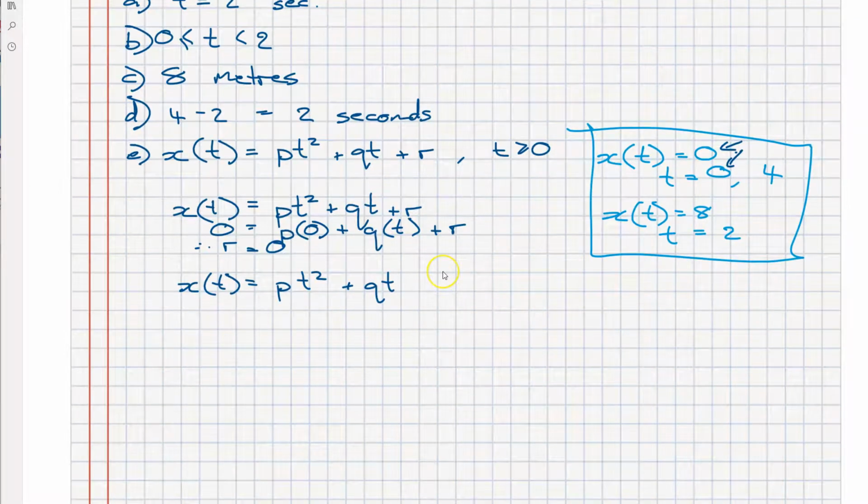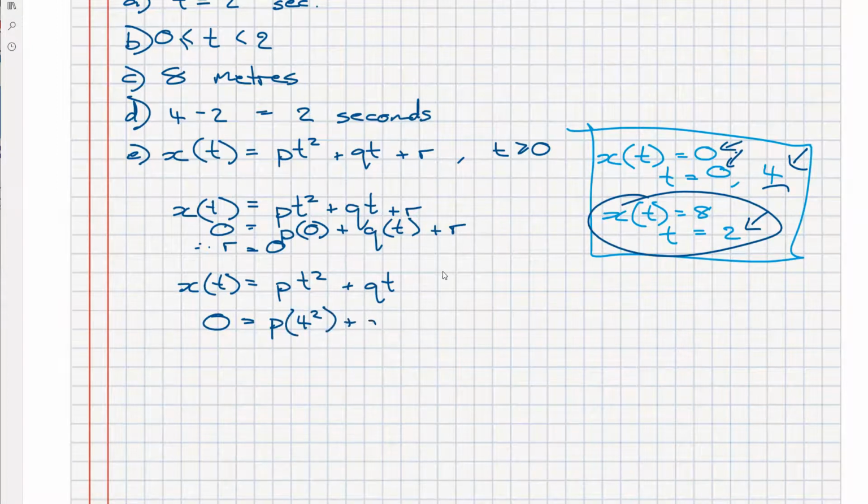Now we use the next 2 points, this guy here and these guys here, to synthesize 2 more models which will reveal the values of p and q. So going for the first one, the 4, we'll go 0 equals p 4 squared plus q 4.